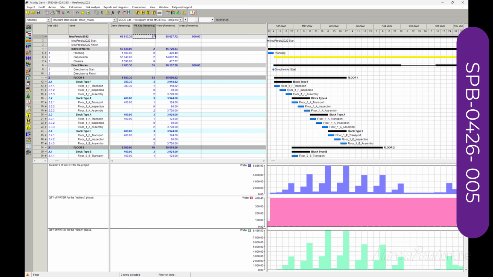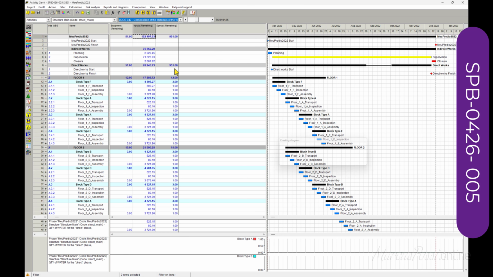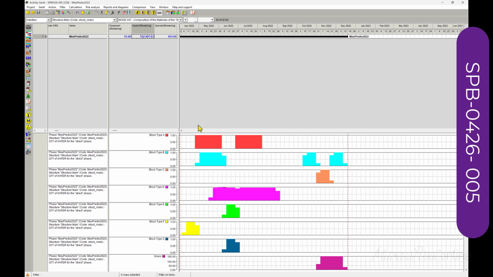Okay, if mode 45 is finished and you made it okay, path mode 47. 47 is the composition of materials, meaning special materials, during project time.